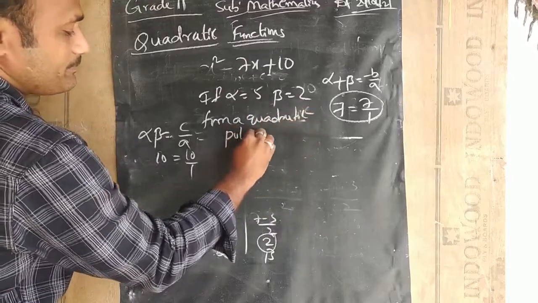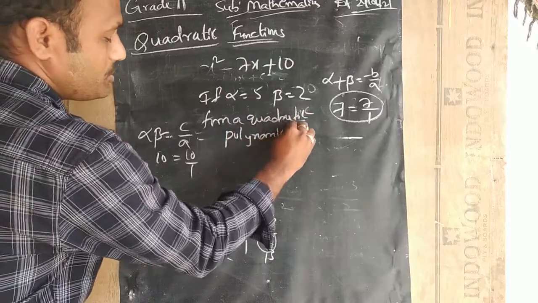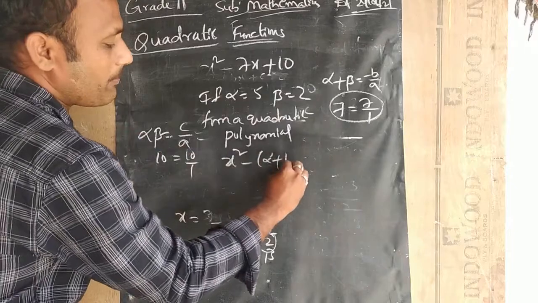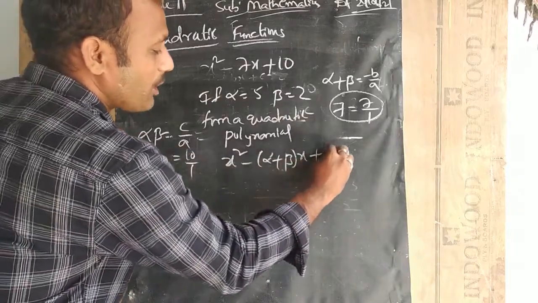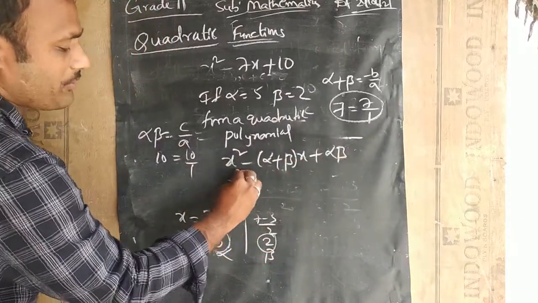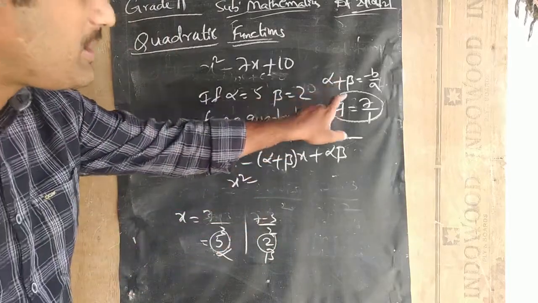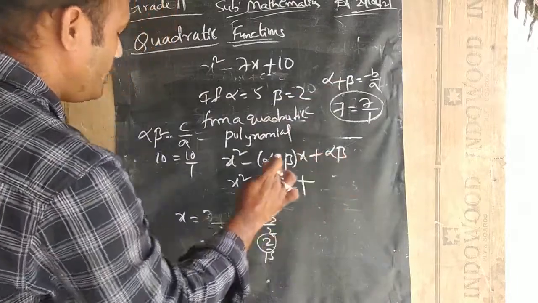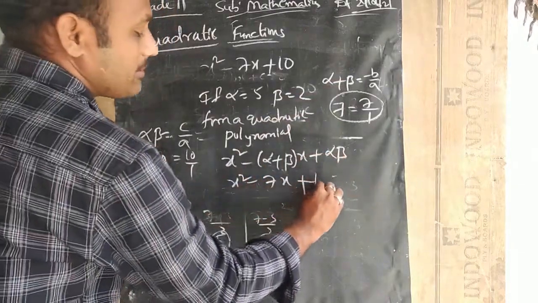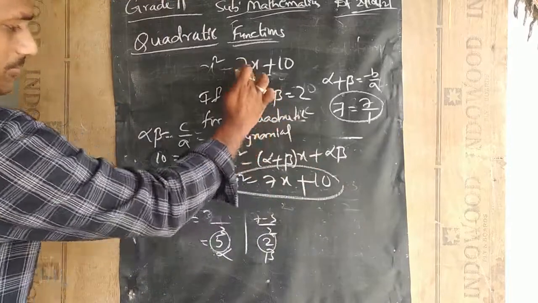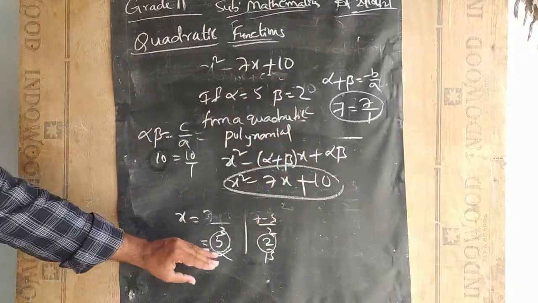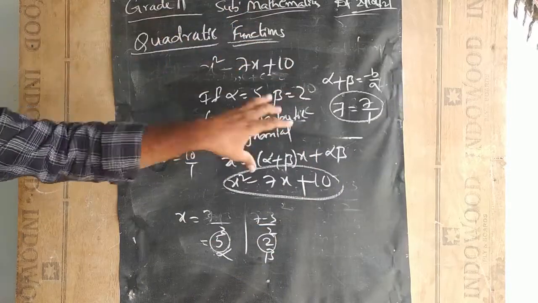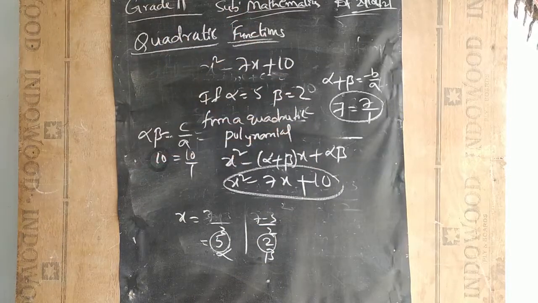So in this case, we have the formula x square minus (alpha plus beta) into x plus alpha beta. So x square minus, what did we get for alpha plus beta, the answer 7. So 7x plus alpha into beta, how much did we get? 10. So it will match our question. So from the zeros, from the roots, we can make the quadratic polynomial. From the quadratic polynomial, we can find the roots also. So they are formulas which are linked.